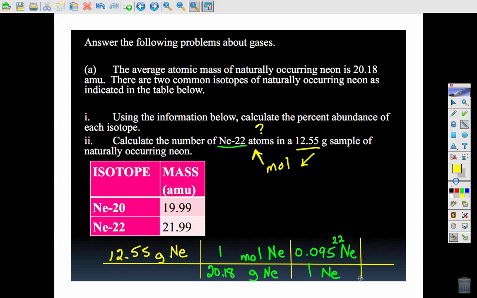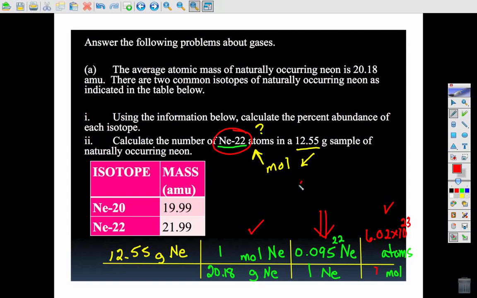Now we can use Avogadro's number, and we want to eliminate moles and go to atoms, and that will be Avogadro's number, so that's 6.02 times 10 to the 23rd per 1 mole. So this we'd done, this we'd done, this was the new addition given a particular isotope.